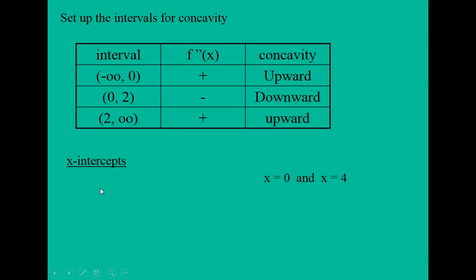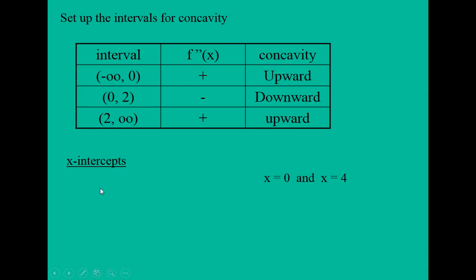Now we're going to be looking at the intervals for concavity. So the previous slide had those values which were possible points of inflection at 0 and at 2. So now we're going to look at the interval negative infinity to 0. If we chose, let's say, negative 1 and plugged it into the second derivative, we get a positive value.